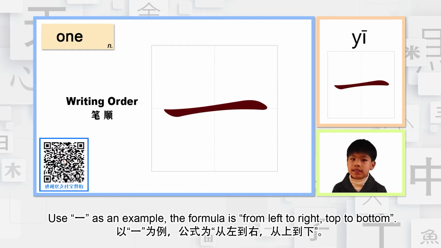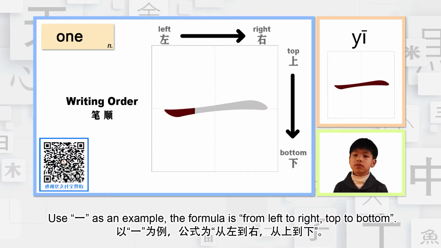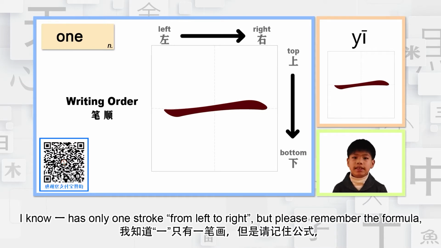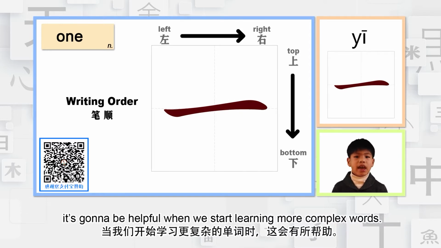Use E as an example. The formula is from left to right, top to bottom. I know E has only 1 stroke from left to right, but please remember the formula. It's going to be helpful when we start learning more complex words.